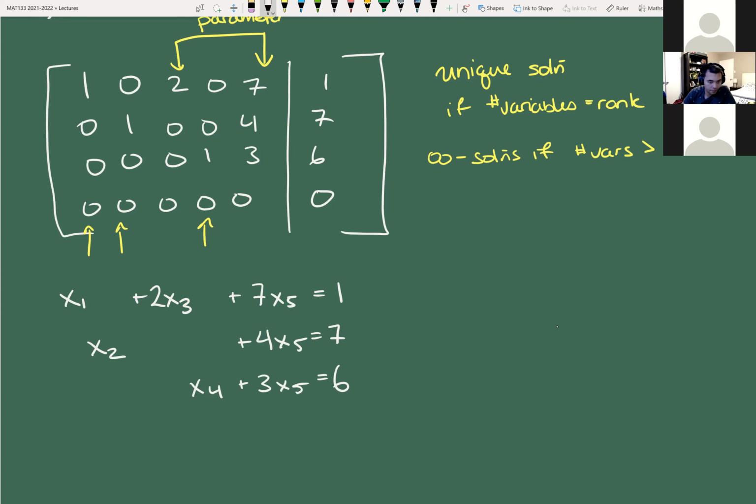Like so. Okay, everyone agrees that that linear system is the one that corresponds to this augmented matrix? All right.